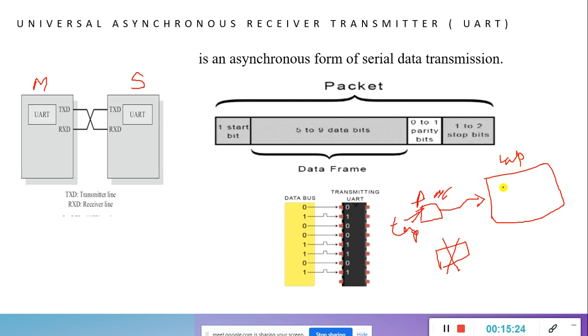Now how does it appear on the console window? Because this device is a microcontroller and your laptop has another processor, the data from your microcontroller has to be transmitted to the processor. The data transmission has to be done here.